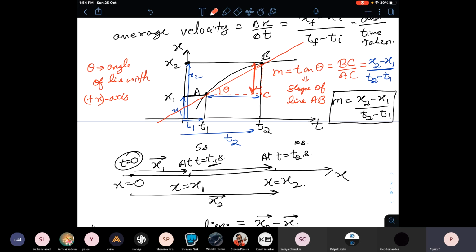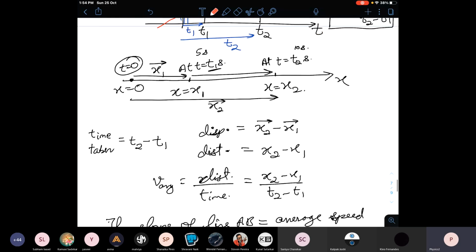So if this line AB is making a chord, then I will say that it is representing average velocity or average speed, whatever.